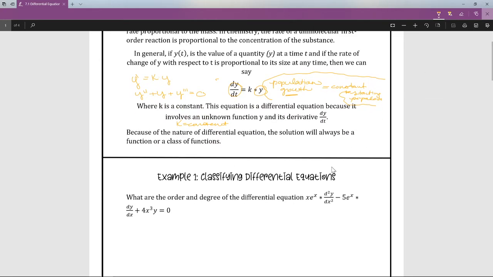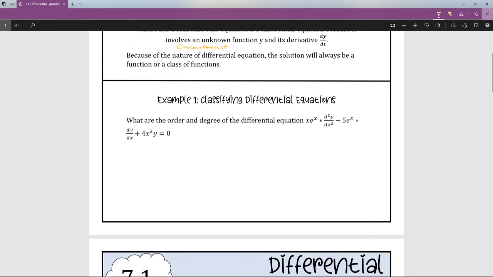So example 1 is just classifying differential equations. So the first thing that we talk about is the order and the degree of the differential equation. So the order refers to the highest derivative.